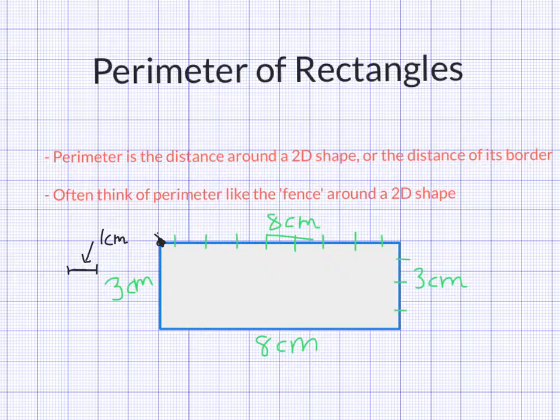What I've done there is 8 plus 3 plus 8 plus 3. Because there are four sides in a rectangle, there are four sides to add, and that gives me 22 centimetres.